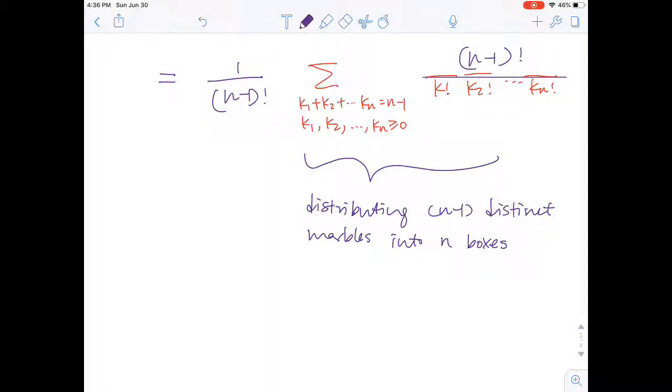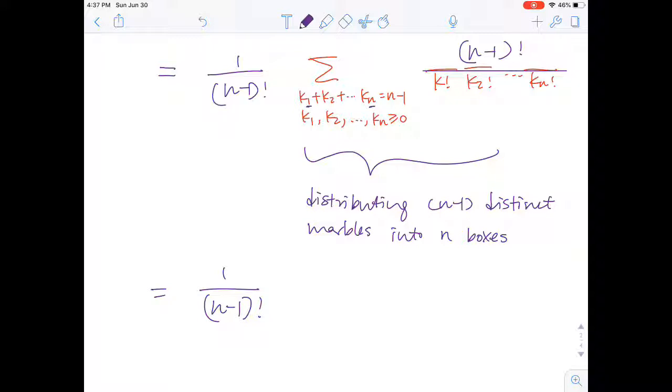So why can we think of this? First of all, you see that we have this k_1 up to k_n. If we assign a number to each k_i, it's like saying, hey, box i, I will give you k_i many things out of the n minus 1 things.